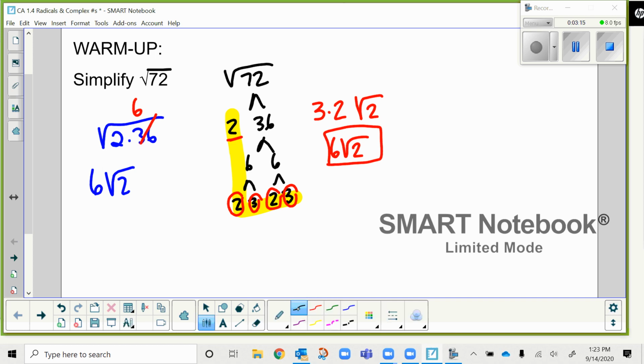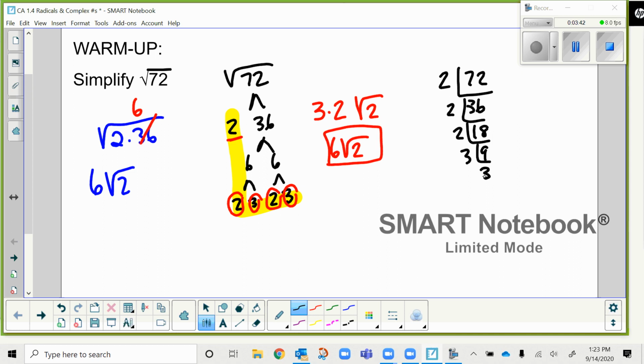And then I see a lot of students who do what looks like kind of like a birthday cake, with layers. They'll have 72, and they'll put the 2 here, and it goes in 36 times. They might say, oh, okay, 2 goes into 36 18 times. That's 2 times 9. 9 is 3 times 3.